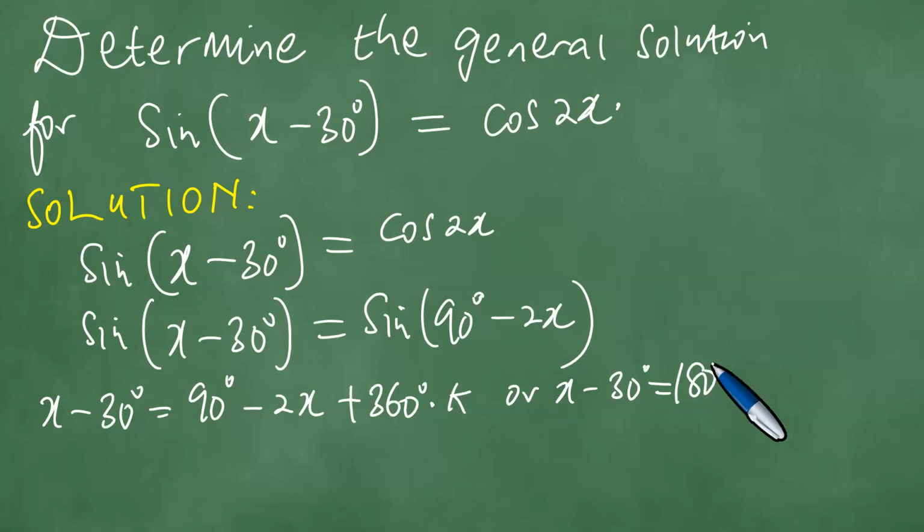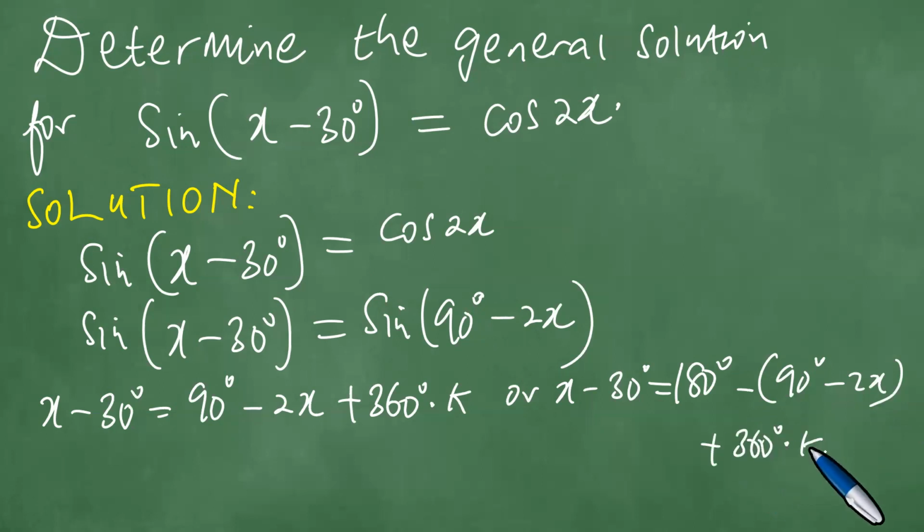To say second quadrant, we say 180 minus this. 180 minus (90 degrees minus 2x) plus 360 degrees times k, where k is an element of the set of integers.